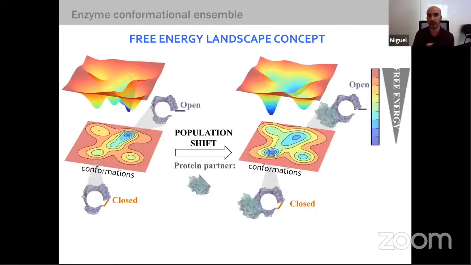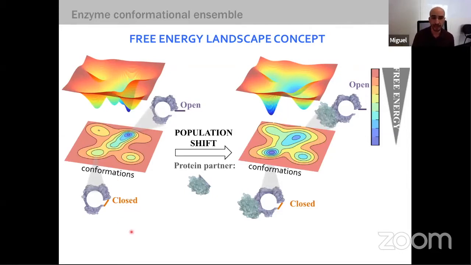But first, I'm just going to briefly explain what the free energy landscape concept is. In this context, enzymes can be seen as an ensemble of accessible conformations in solution, and according to their probability of being sampled, the conformations can be represented as a function of the free energy. And you see there are several local energy minima separated by energy barriers.